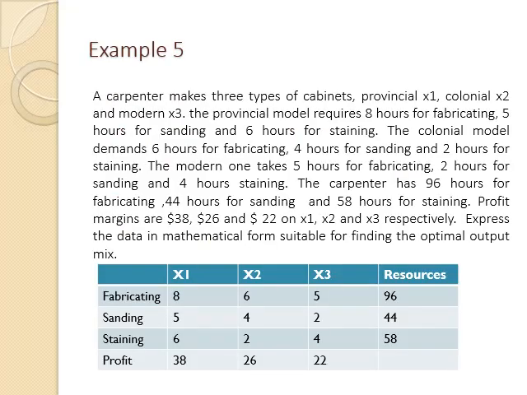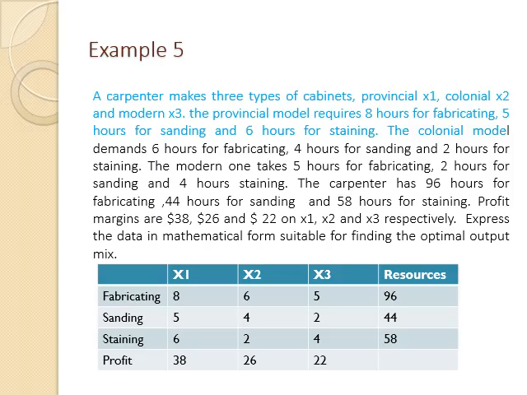Example 5. The carpenter makes 3 types of cabinets: provincial x1, colonial x2, and modern x3. The provincial model requires 8 hours for fabricating, 5 hours for sanding, and 6 hours for staining.